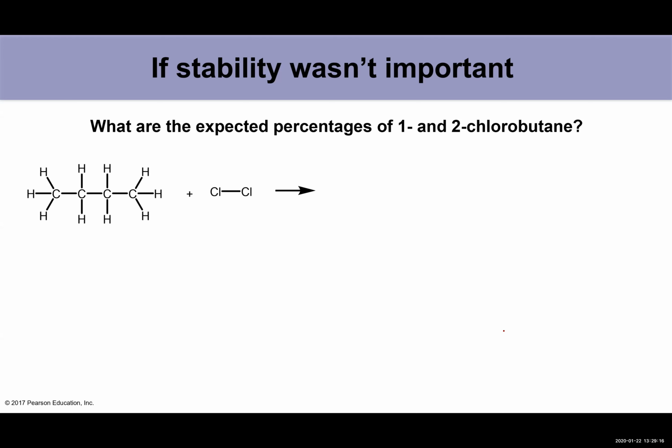I'm going to play this game because all books do this. I thought it's kind of nice to do this. Let's assume that we're going to make two possible products out of this. One product would be monohalogenation, with the chlorine ending up like this.